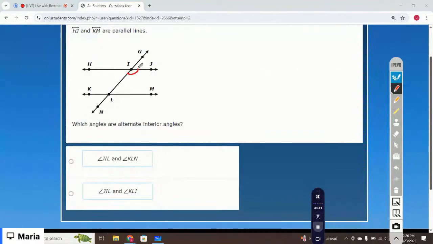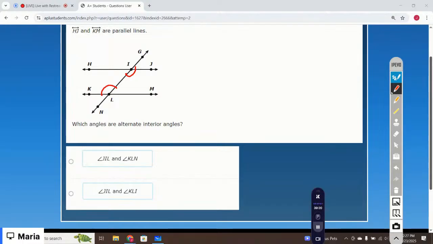Angle JIL and angle KLI. They are the alternate interior angles.